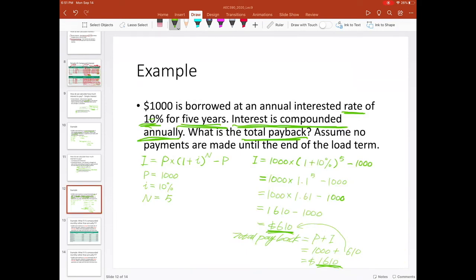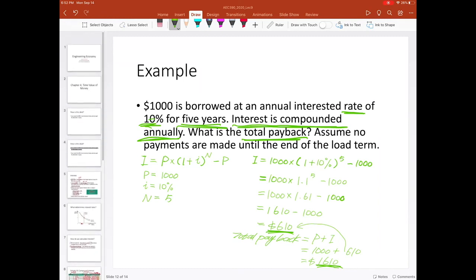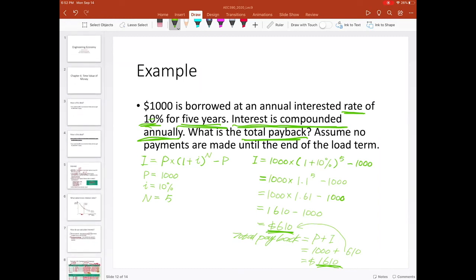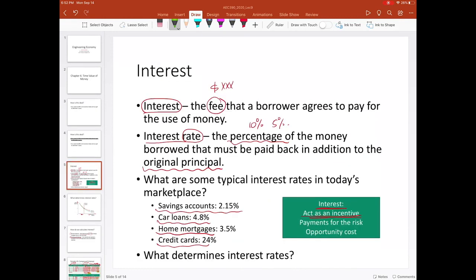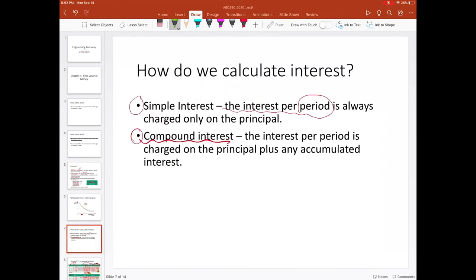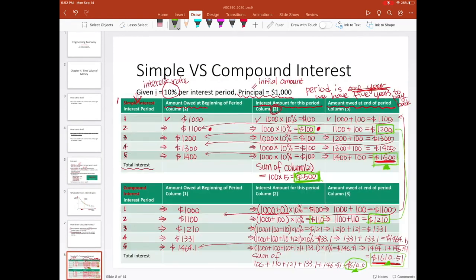All right, so this is all about today's class. I want you to truly understand what interest is and why we have interest. That's an incentive, right? And also, what are the two types of interest, simple and compound? What's the difference by definition?